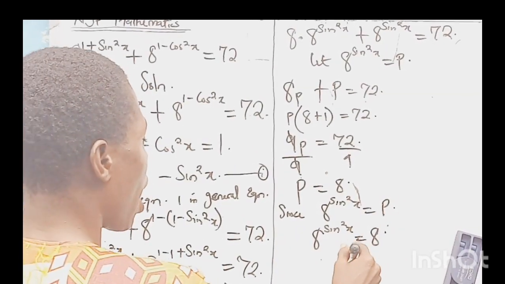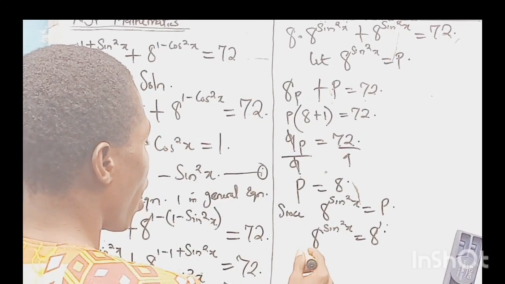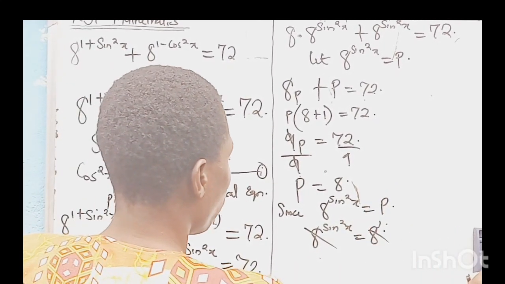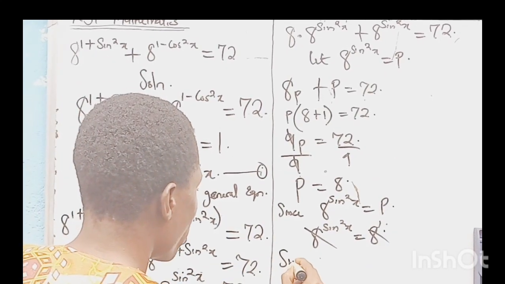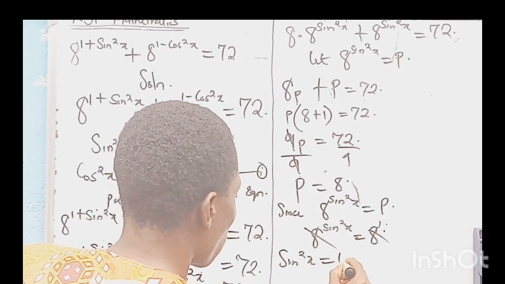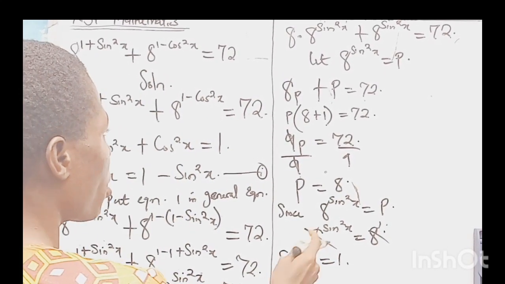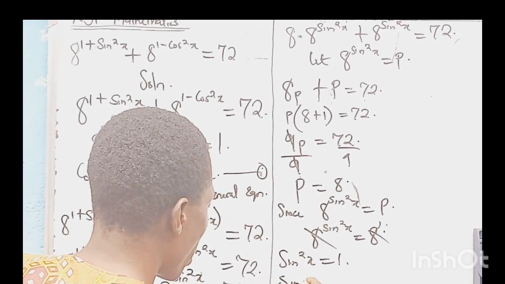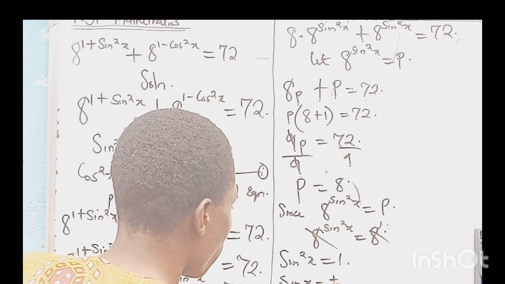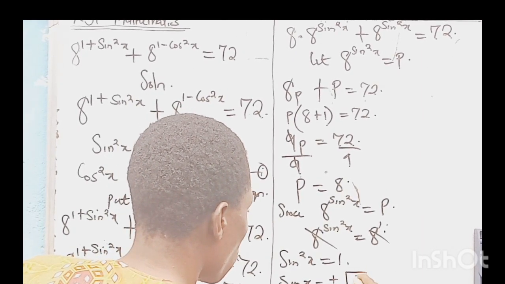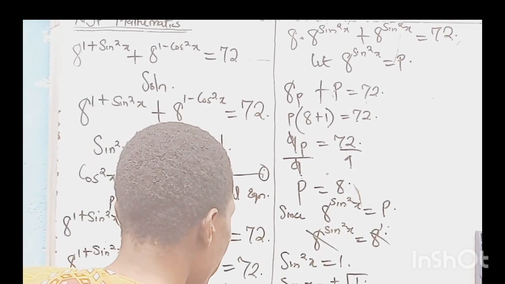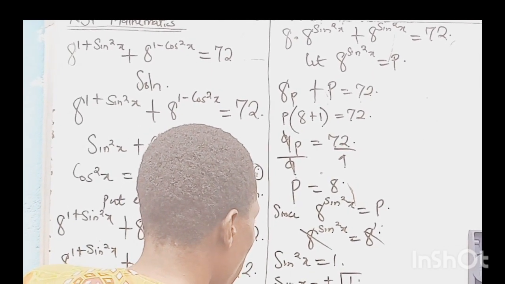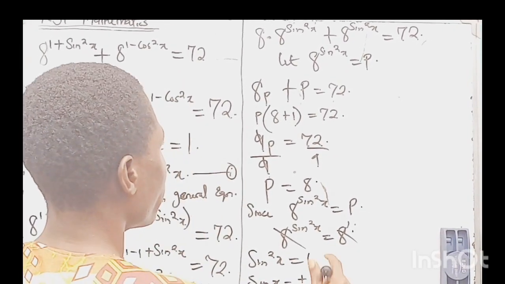So from here we can apply the law of indices by equating the exponent or the index. And if we equate the index, we have sine square x equals 1. So from here we can find the square root of both sides, that is positive or negative root 1. So sine x equals positive 1 or negative 1.